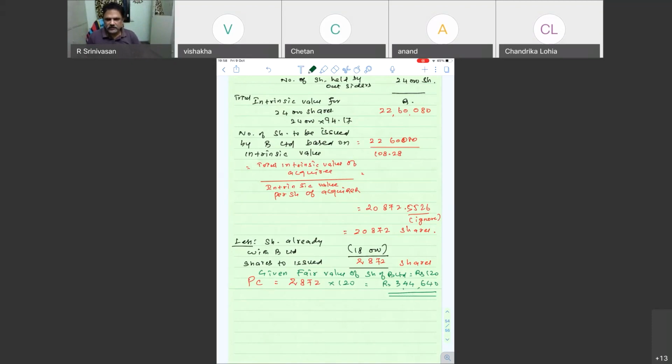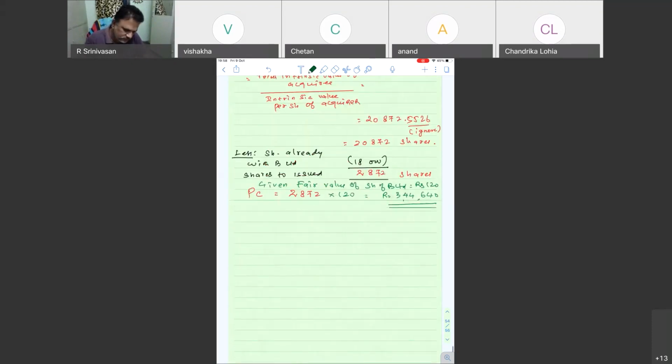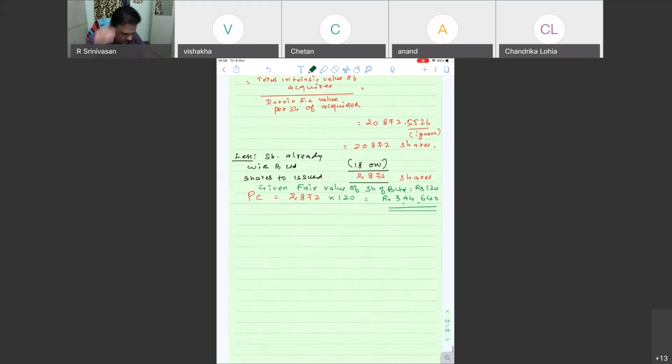Okay. For the second part we have calculated. The third part is the calculation of goodwill or bargain purchase.